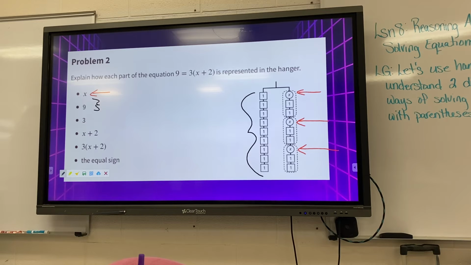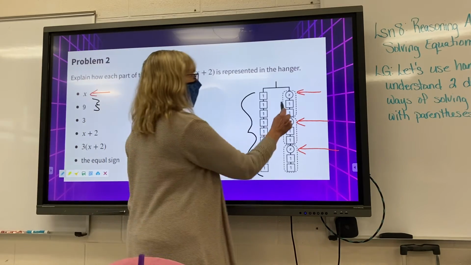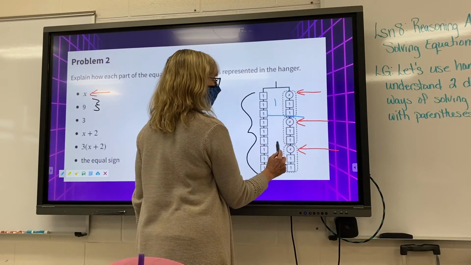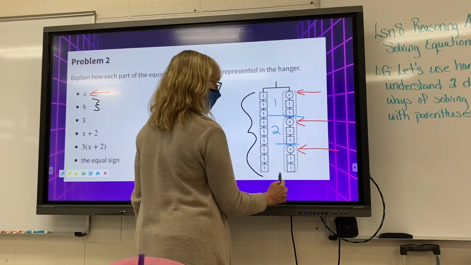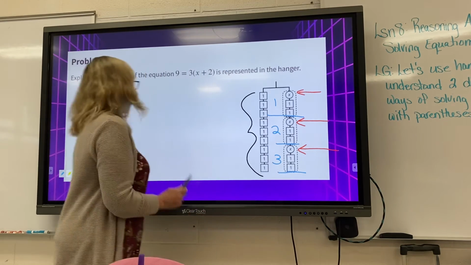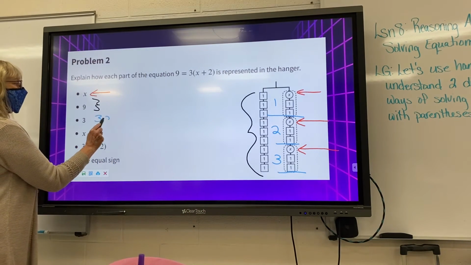Where's the 3? The 3 groups. Here's 1 group. Here's 2 groups. Here's 3 groups. So there are 3 groups.